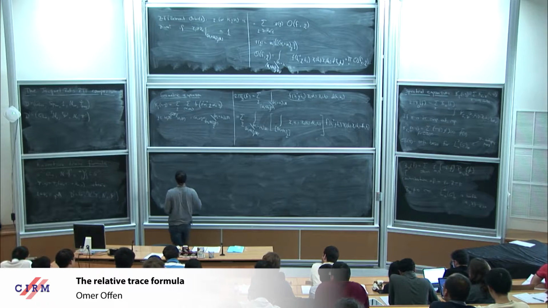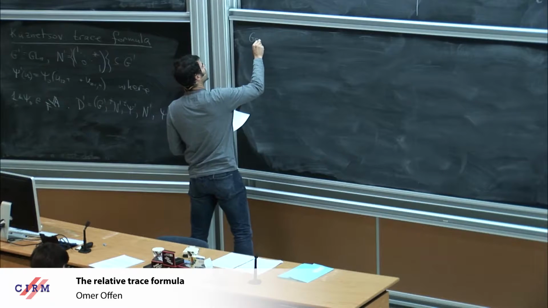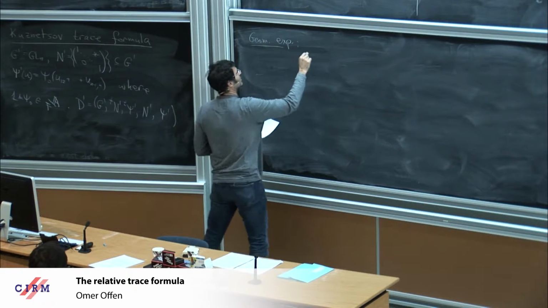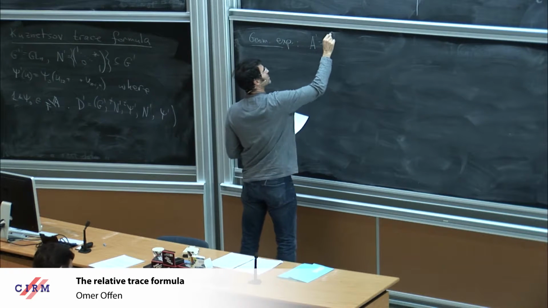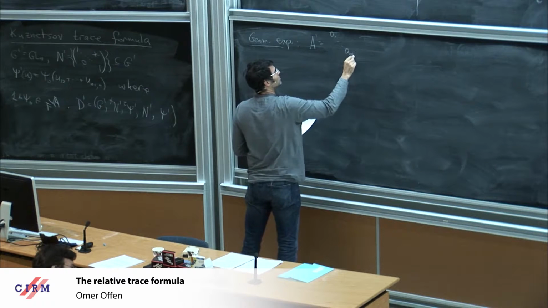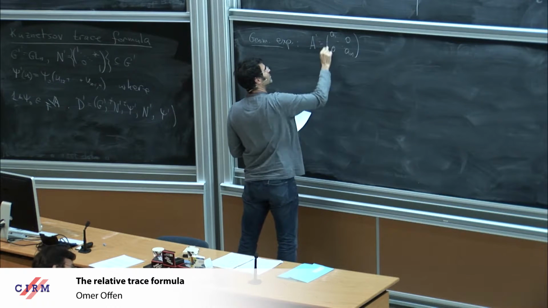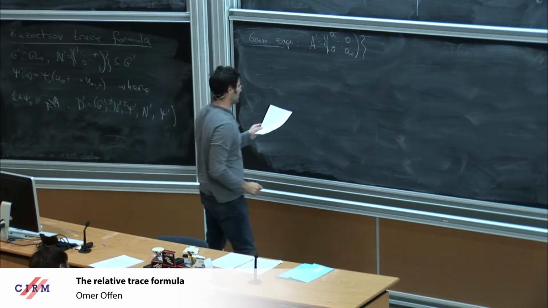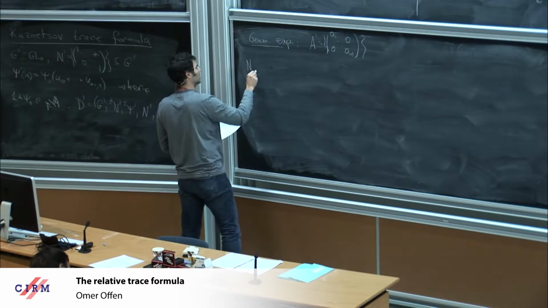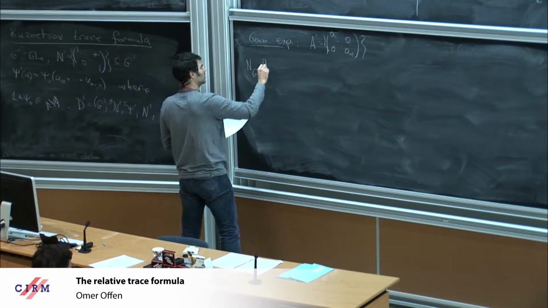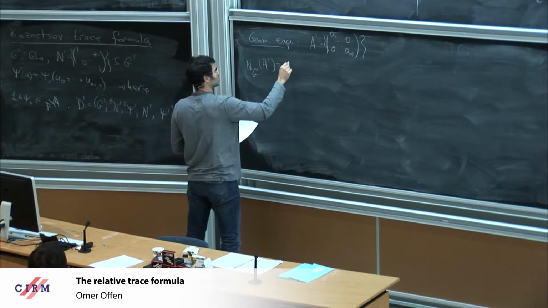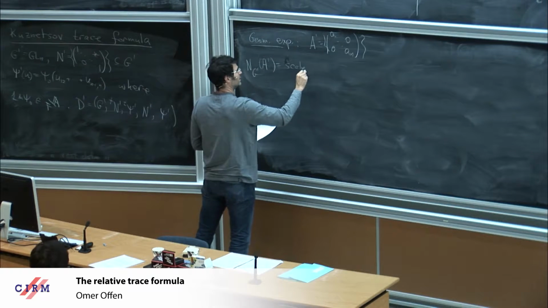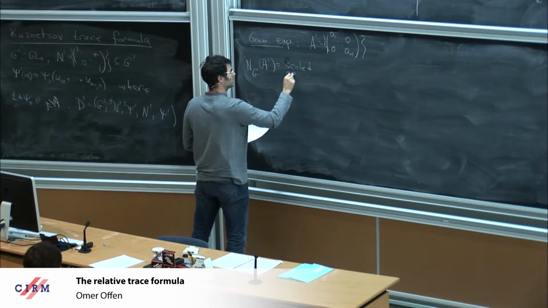Okay, so for the geometric expansion, let me denote by A prime the split torus of diagonal matrices. The normalizer of this torus is just scaled permutation matrices.